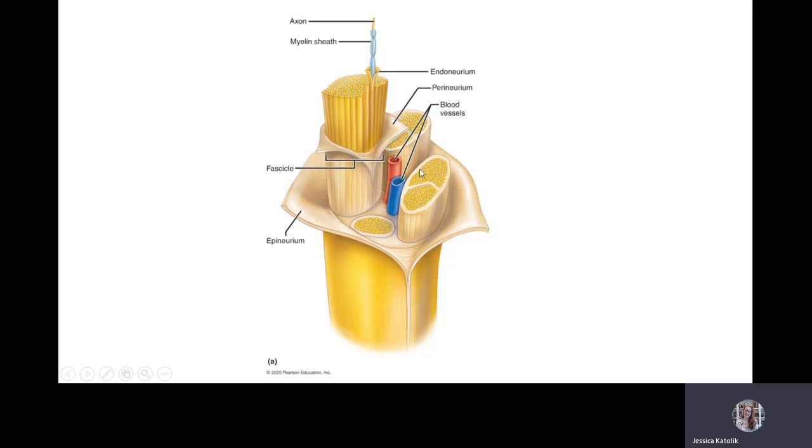Many fascicles will be bundled together along with blood vessels that feed and nourish the cells of the nerve. This whole structure is then wrapped with a very thick, tough connective tissue called the epineurium. So the deepest is endo, then peri, and then epi. Use your etymology to help keep straight which connective tissue is located where.